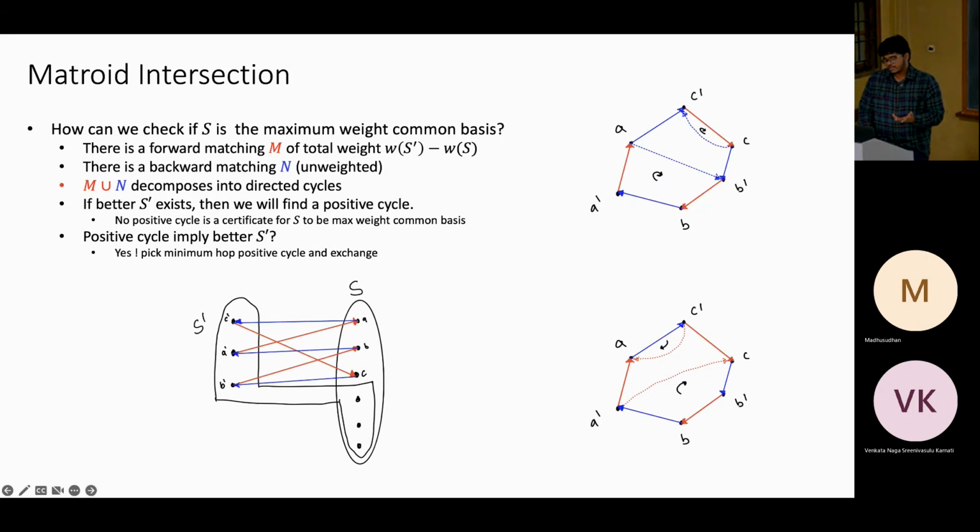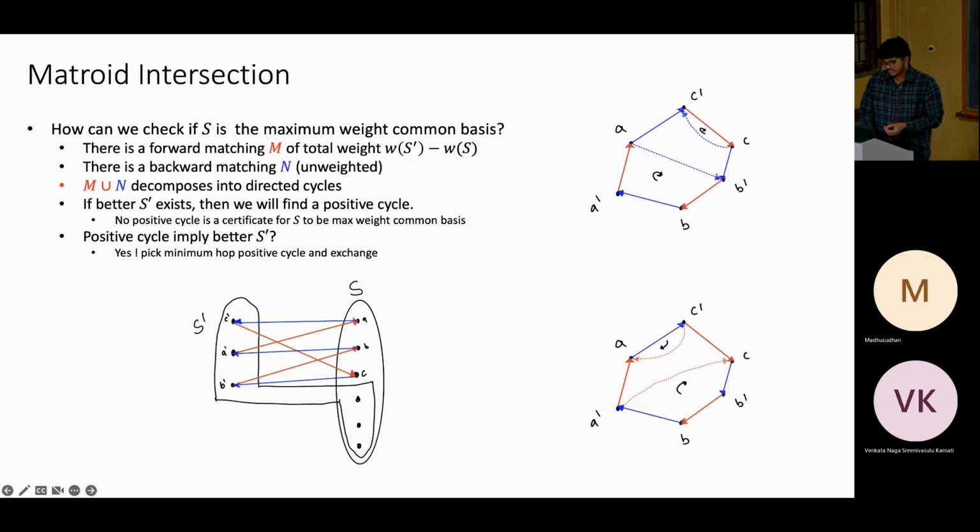So how do I prove that the red matching is also unique? Say it's not, again, and say you have two other red edges, then you also break into two new cycles. But you can still say that the sum of the weights of these two cycles is the weight of the original cycle, because in this figure the sum of weights of these two red edges A dash A and C dash C is the same as the sum of weights of A C dash and A dash C, just because 1 minus 2 plus 3 minus 4 is 1 minus 4 plus 3 minus 2.